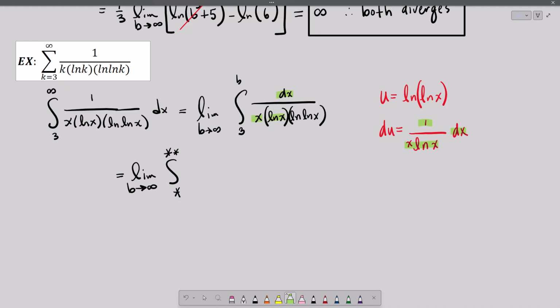So doesn't this all simplify to 1 over u du? We said that u is going to be ln of ln x. So that part's u, and then the dx over x ln x is going to be du. So it all simplifies to just 1 over u times du. What's the integral of that?